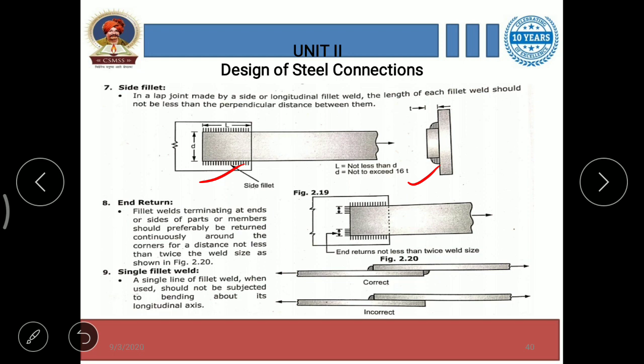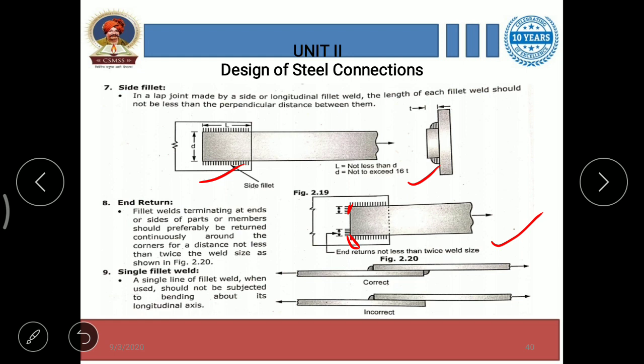Here again, end returns not less than twice weld size. End return means this side weld ending at this corner, that is not less than twice the weld size.